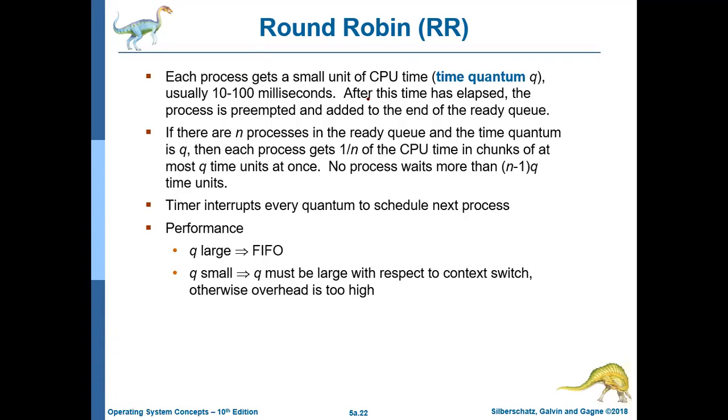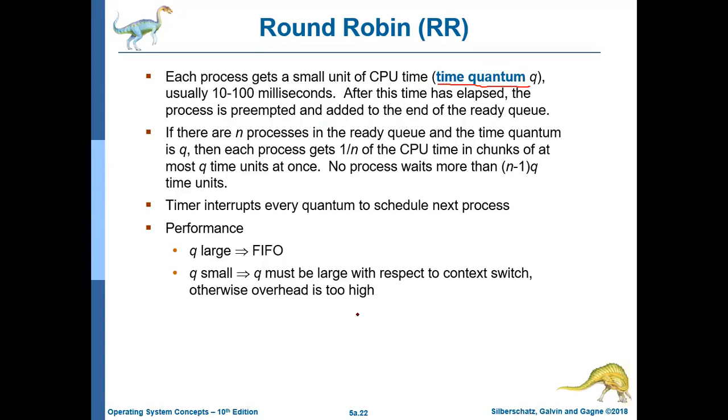Each process gets a small unit of CPU time, the time quantum Q. The time quantum will be given to you in the starting, usually 10 to 100 milliseconds. After this time has elapsed, the process is preempted and added to the end of the ready queue.